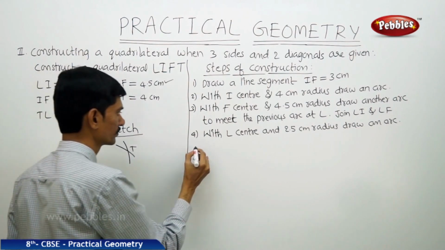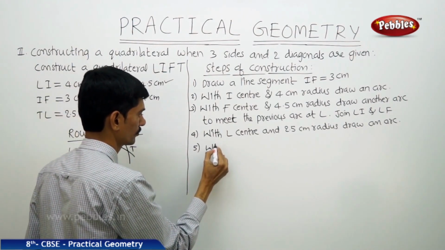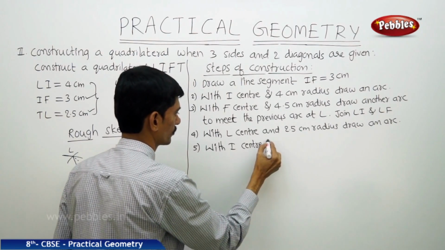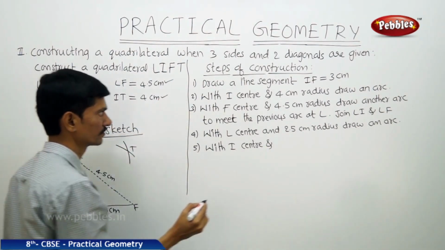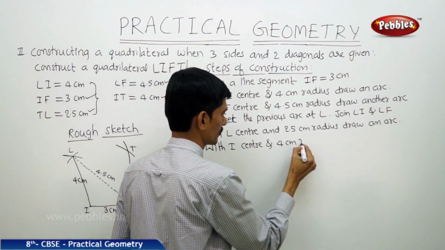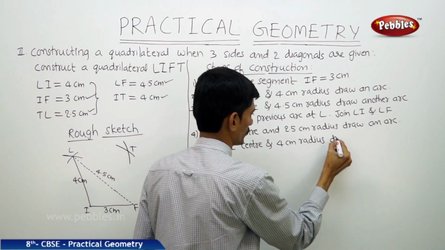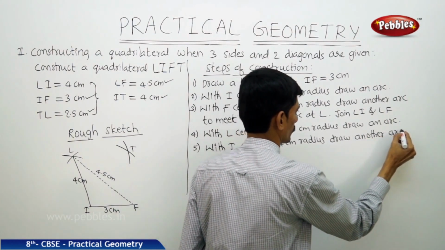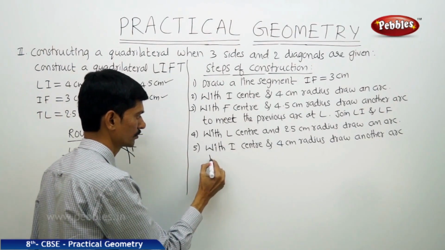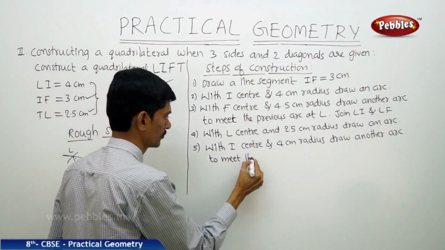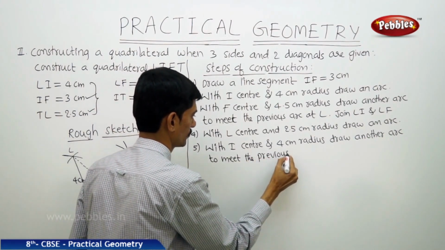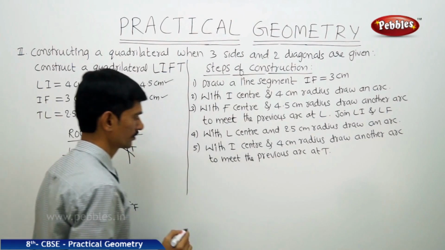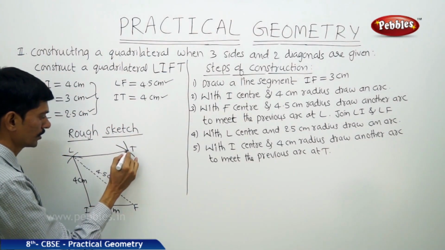With I as center and 4 centimeters radius, draw another arc to meet the previous arc at T. Now join LT and TF.